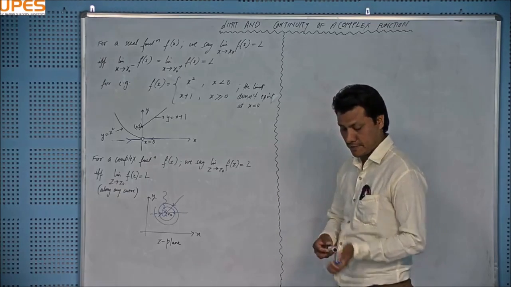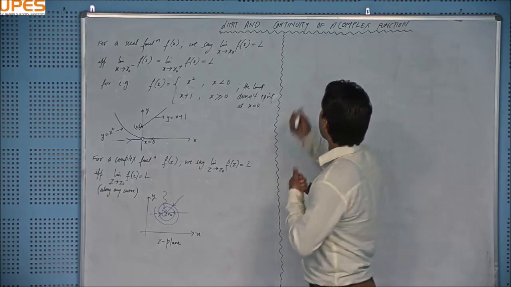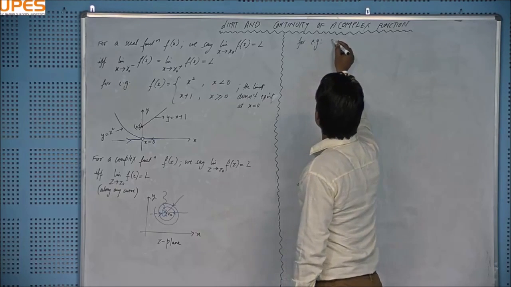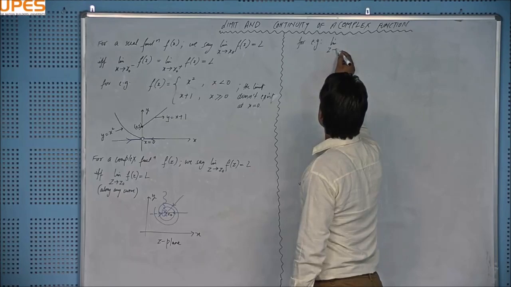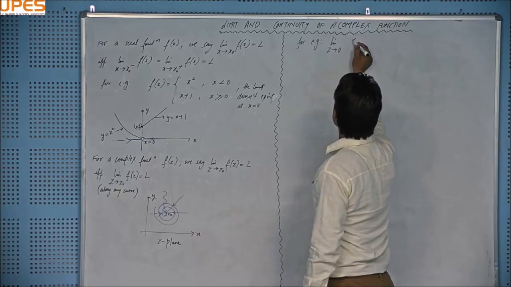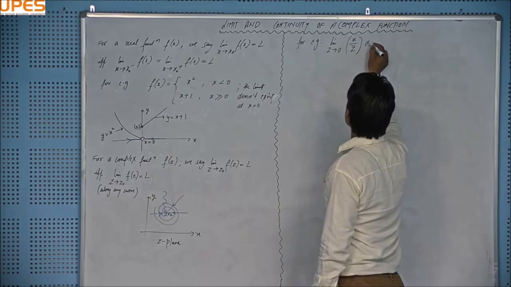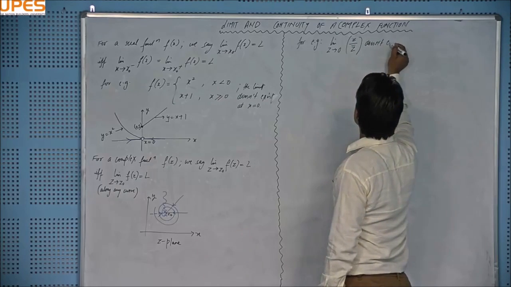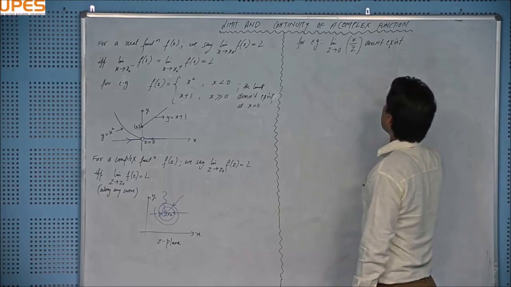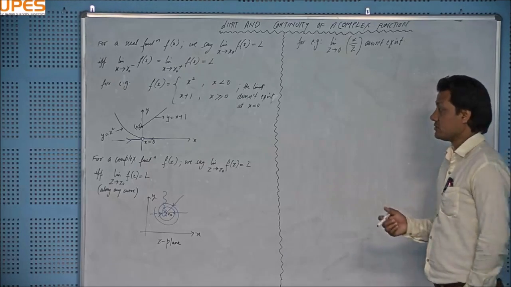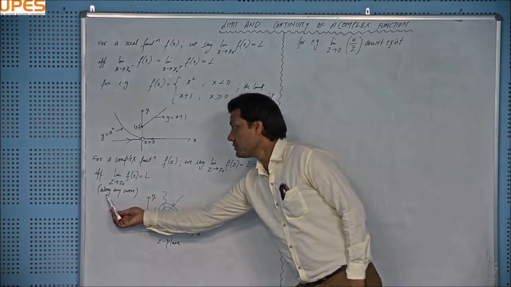Let me take, for example, limit z tends to 0, z over z bar does not exist. I have taken a non-example to understand the concept of choosing a suitable curve through that z naught.